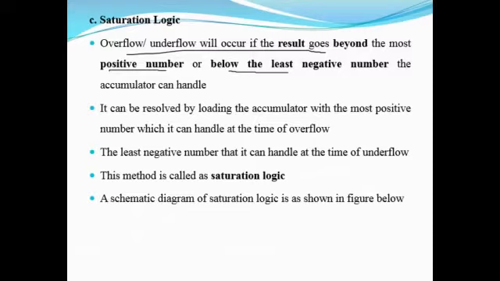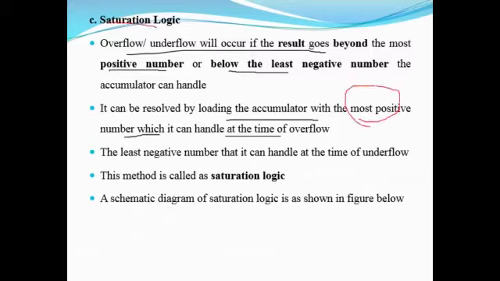Whatever number we get as the result will be beyond the most positive number or below the least negative number, so that shouldn't happen. It can be resolved by loading the accumulator with the most positive number it can handle at the time of overflow. The accumulator is already loaded with a positive number, which is the most positive number.